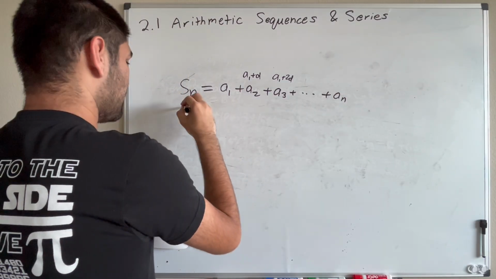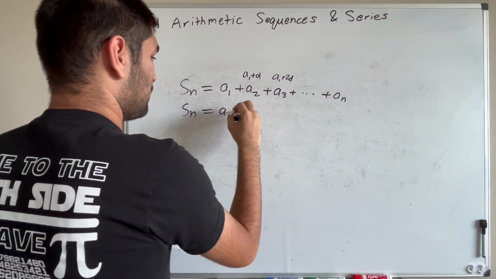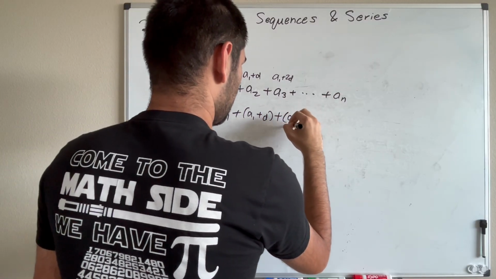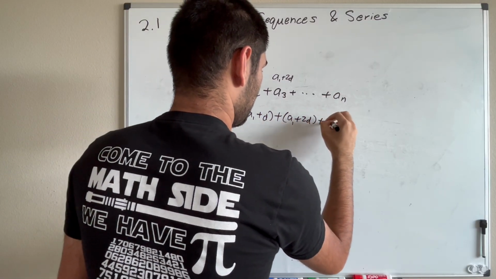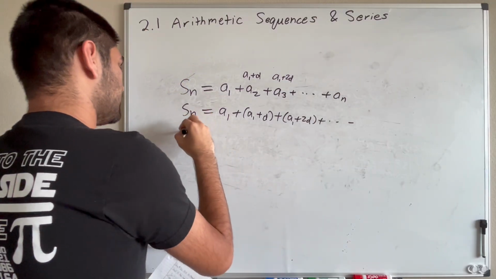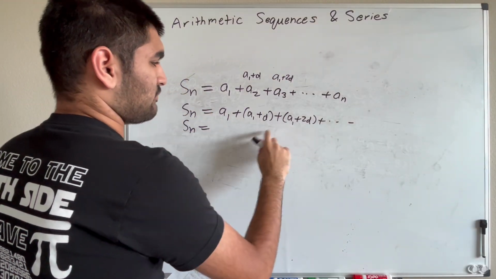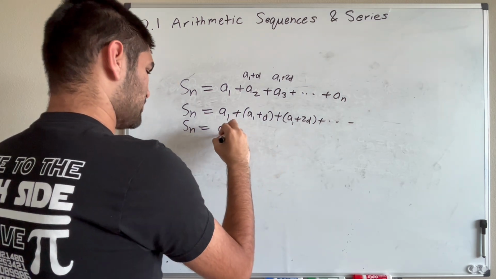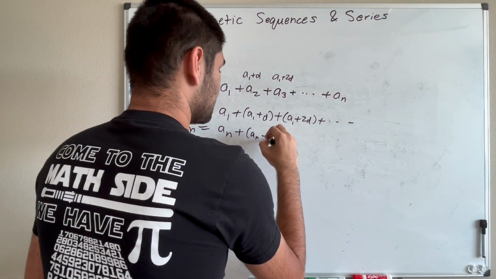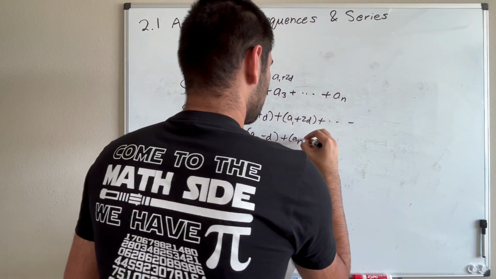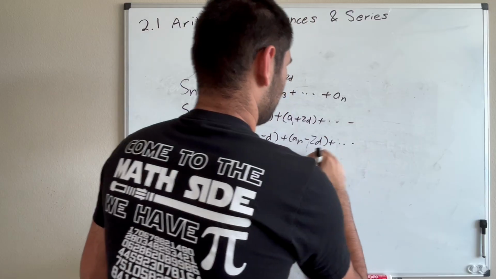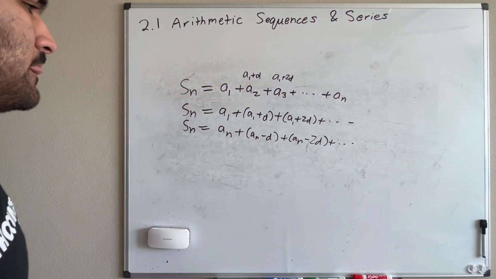So if we rewrite this as a1 plus a1 plus d plus a1 plus 2d and so on, we can also rewrite this by flipping it, right? So if we started at an and then plus an minus d plus an minus 2d and so on, until a1.